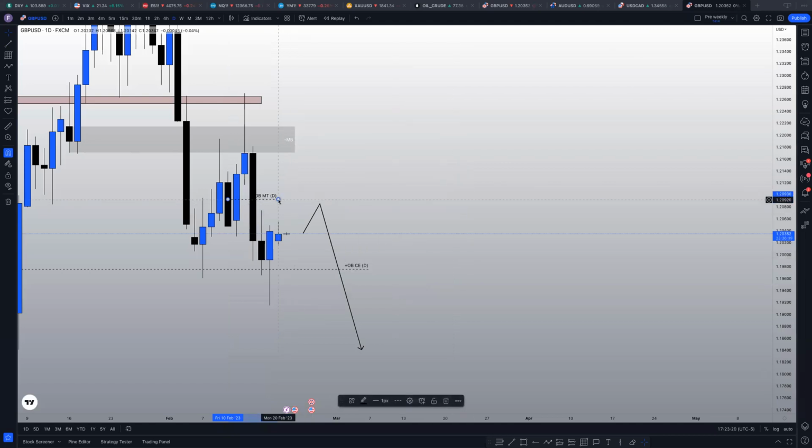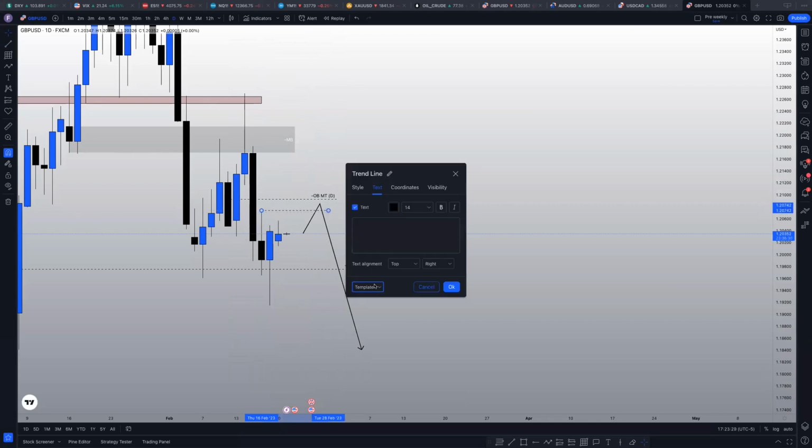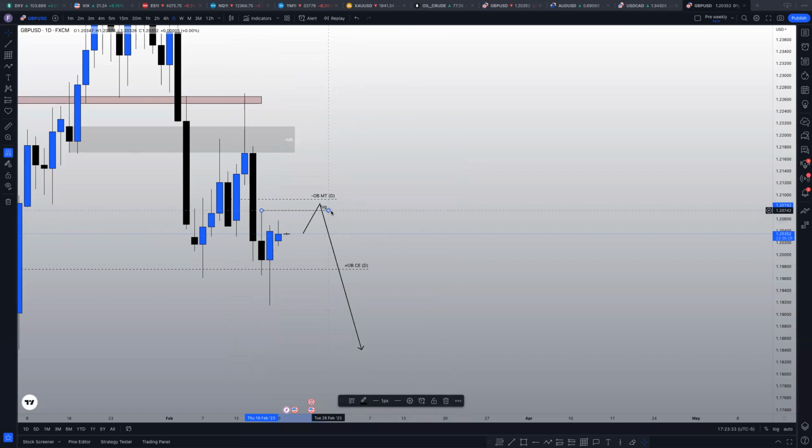Just like that. Almost. So something like this. So we're just refining a relatively larger range premium area for a reaction and picking a more specific area. Now it doesn't have to come here.